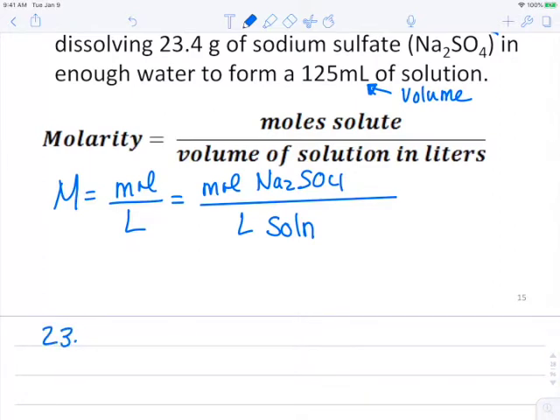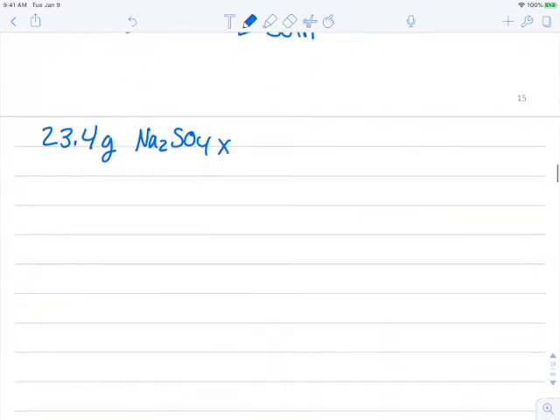So 23.4 grams. All right, and next you had your molar mass, and what did y'all get for your molar mass? 142.05. All right, so here in 142.05, did everybody get something similar?